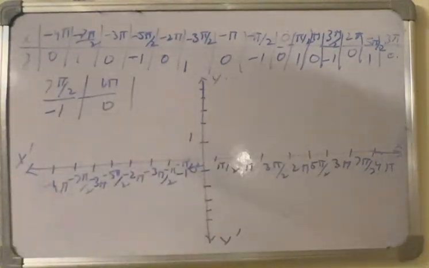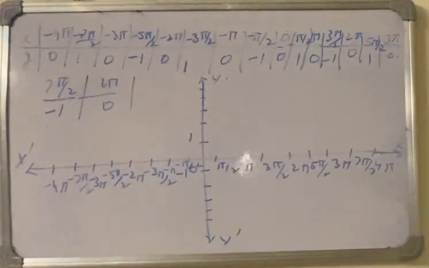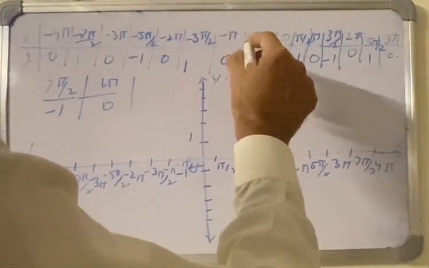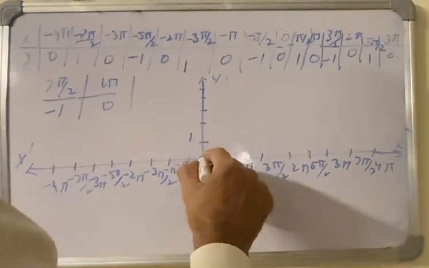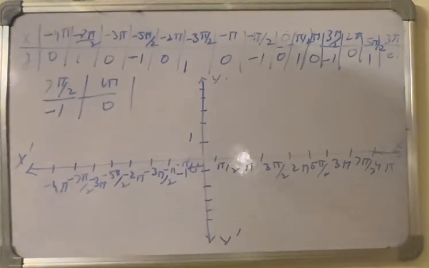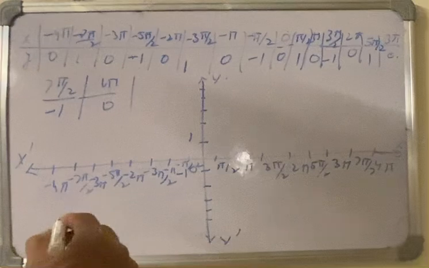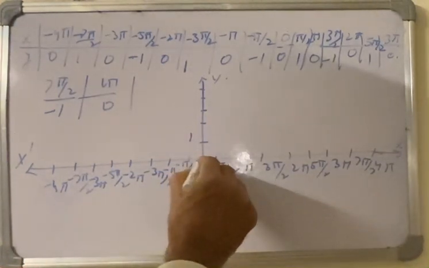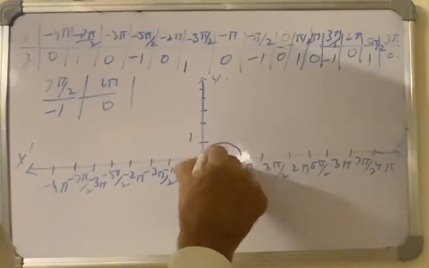So as per the table, when x is 0, y is also 0, which is this one. And when x is pi by 2, then y is 1. Again, when x is pi, y is 0. That means it goes in this way. It goes to 1, then to 0.